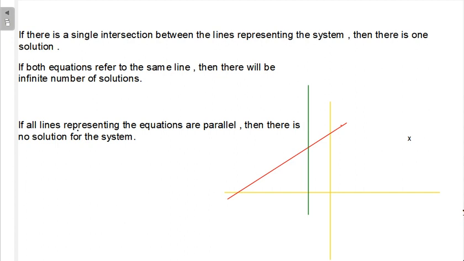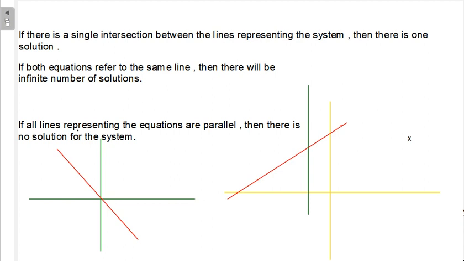The second case is if both equations refer to the same line. For example, the first equation represents this one, y equals x.